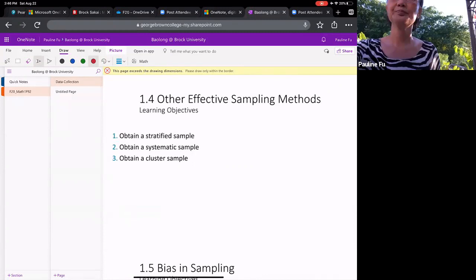Besides simple random sample, we have other methods to obtain a sample. Those are stratified sample, systematic sample, and cluster sample. Okay.